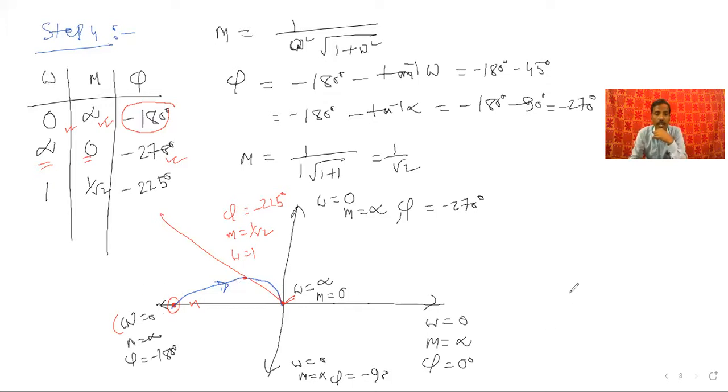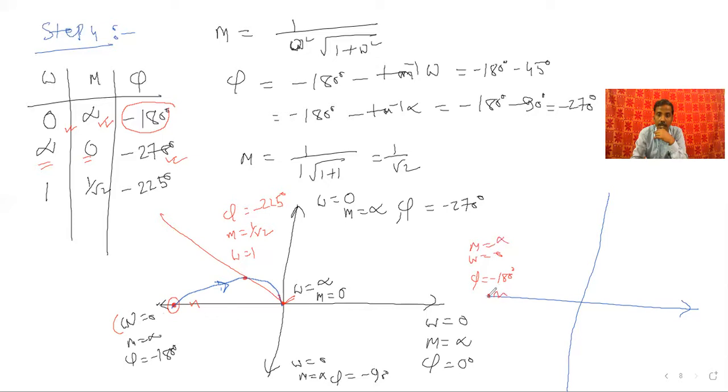And draw the Nyquist plot. This is the polar plot. Phi equals to minus 180 degree, omega equals to 0, M equals to infinity.